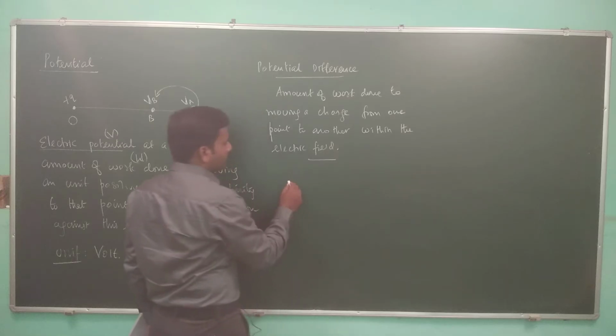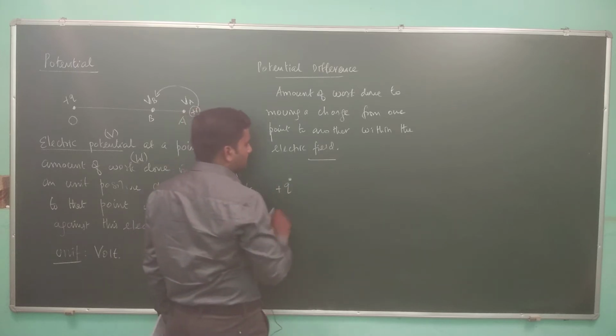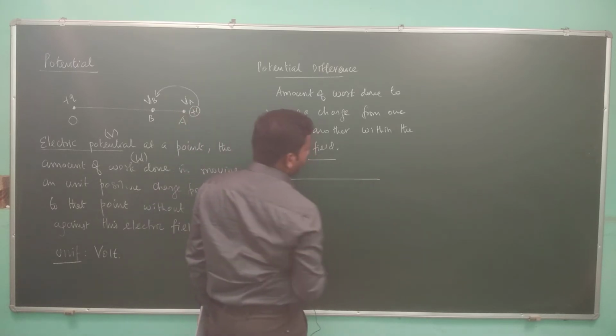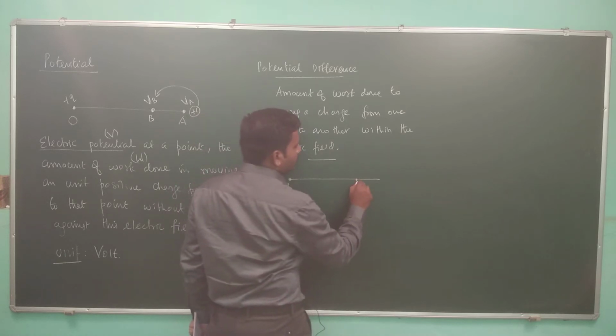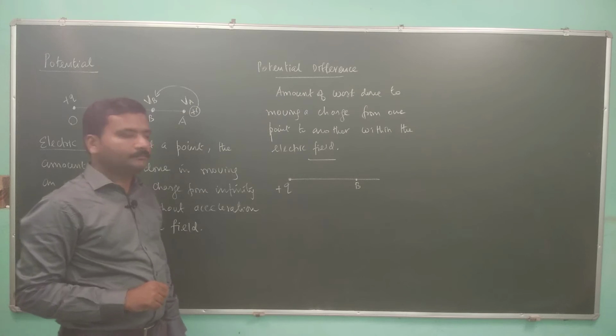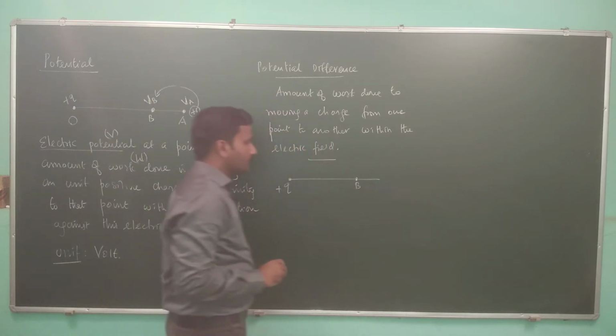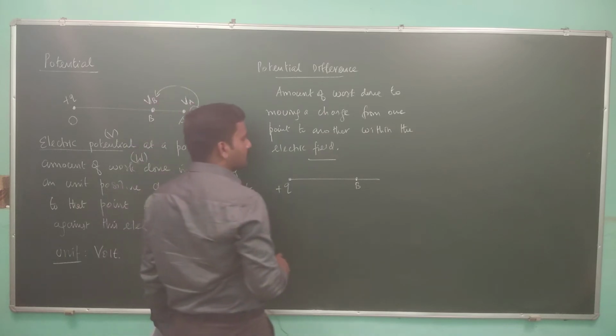Consider a case. There is a charge plus Q located here, and we have a point B in the vicinity of the charge plus Q. Now, see, a test charge.